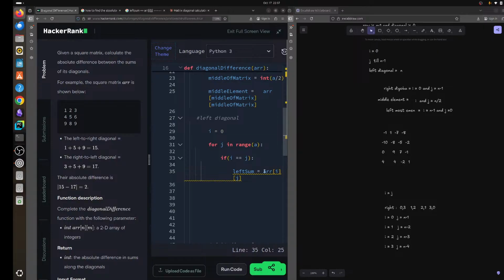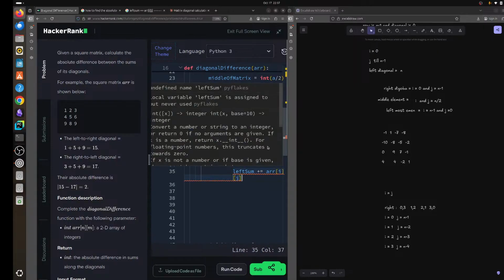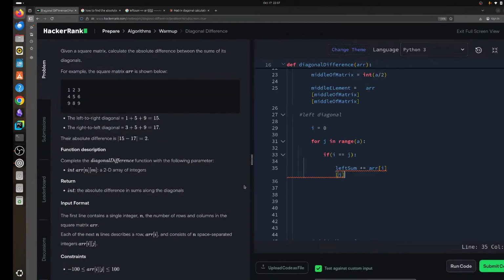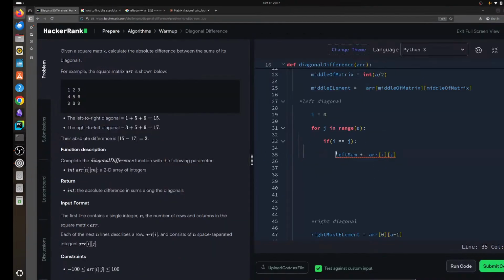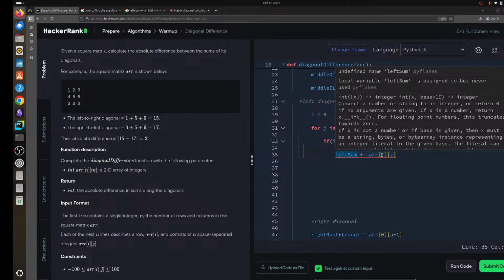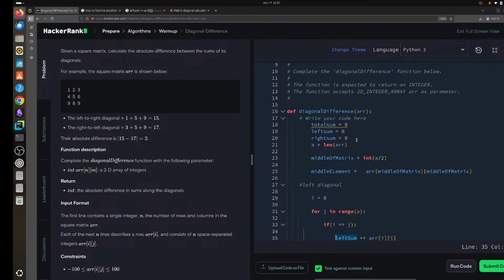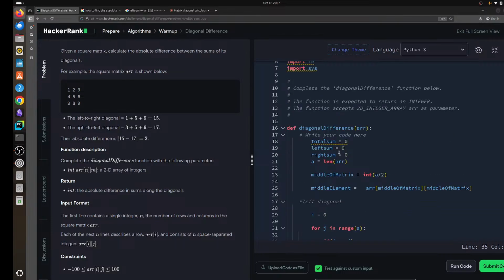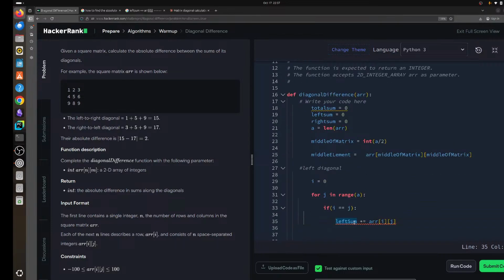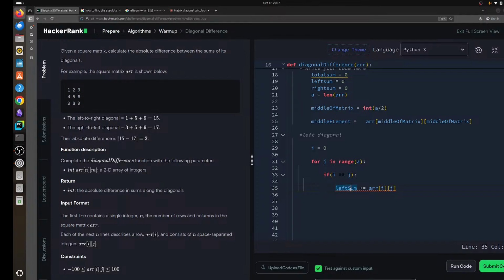Left sum plus equals to, right? What happened? Left sum plus equals to this.